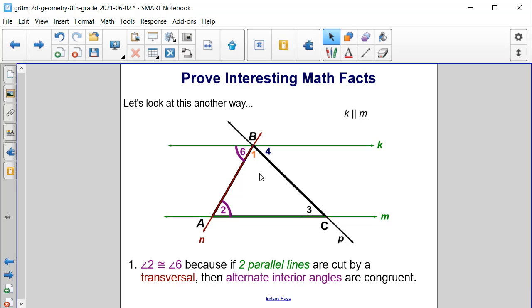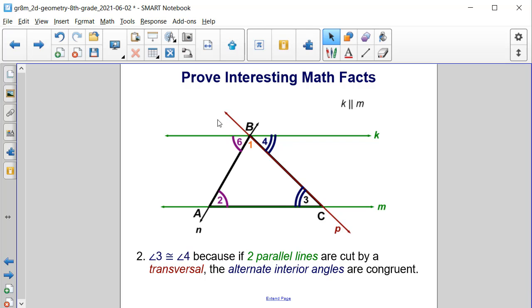We can also prove that the measures of the interior angles of a triangle add up to 180 degrees in another way. We're still going to start by extending side AC to be line M, and then constructing line K through point B that is parallel to line AC, or line M. Once we do that, we can see that angle 2 and angle 6 are congruent because they are alternate interior angles, where line N is our transversal.